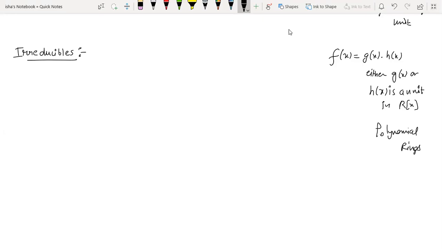First of all, if you remember, the polynomial has to be a non-zero polynomial and it also needs to be a non-unit polynomial. So the same is here.